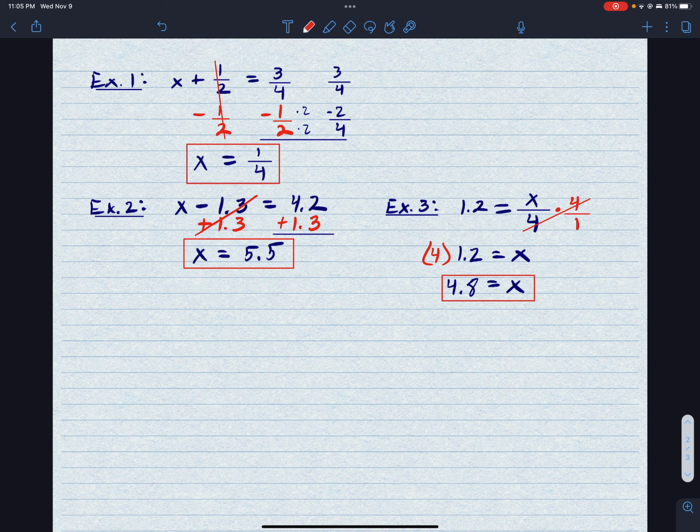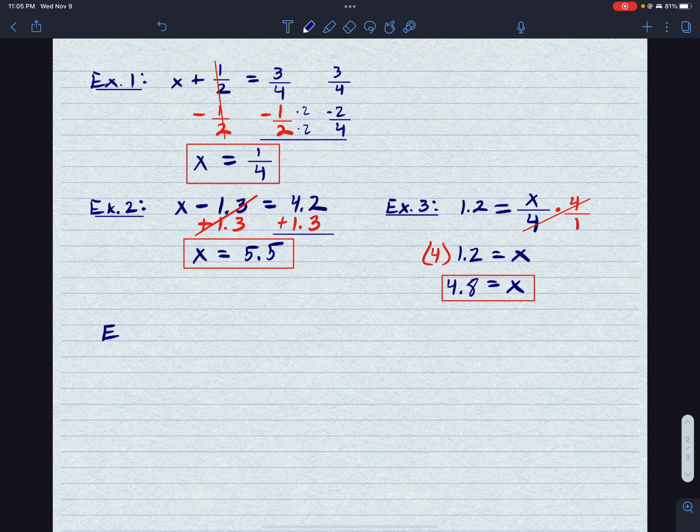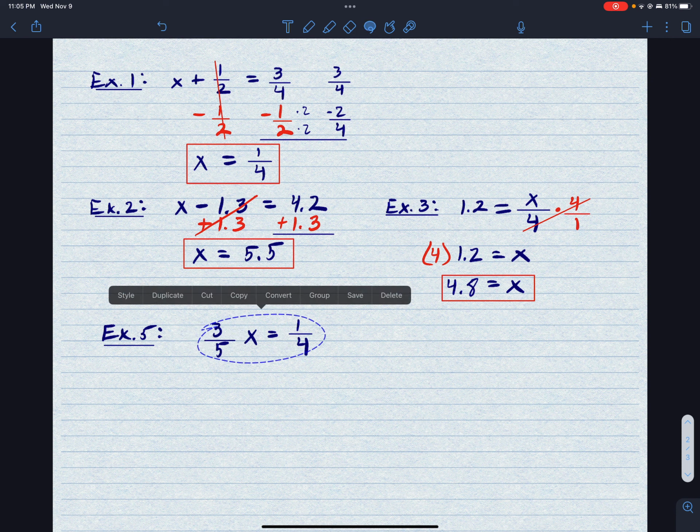All right. One more. Let's say we had 3/5 times x equals 1/4. All right, now we're getting somewhere. This one is a little more complicated because technically there's two things happening to x.